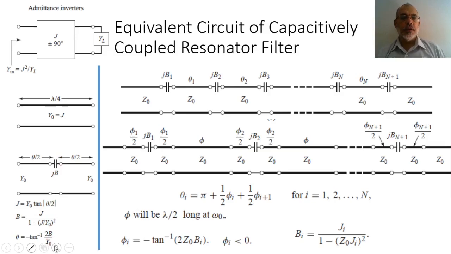This means that the series capacitance can be adjusted to be an admittance inverter by adding transmission line sections on both sides of the capacitance with a phase theta equal to minus tan minus 1 of 2B over Y0.